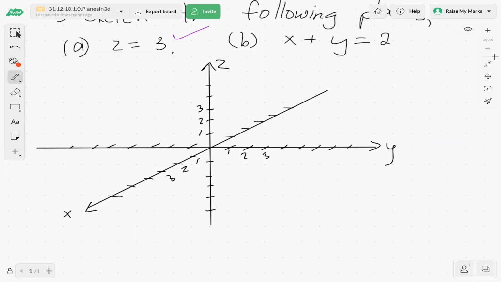What's the x-intercept? The x-intercept occurs when y equals 0. That's x equals 2. The y-intercept is also 2. So we can join those two points up.